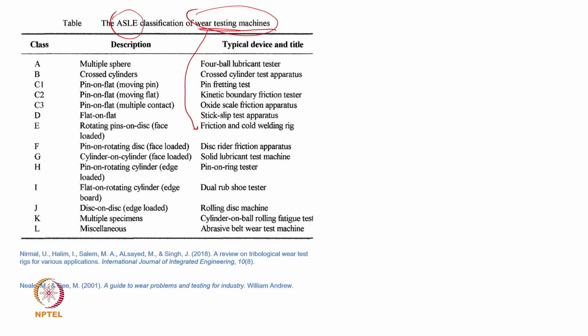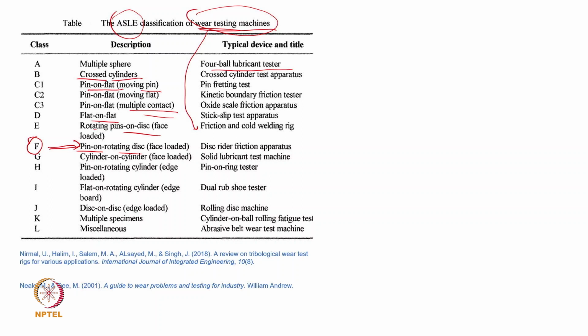They have given different kinds of geometry: the four-ball tester, the cross cylinder to replicate the geometry, pin on flat, multiple contact pin on flat, flat on flat, rotating pin on disc, pin on rotating disc. This is one of the most common setups available in most academic institutions, and we can perform a number of experiments on it.